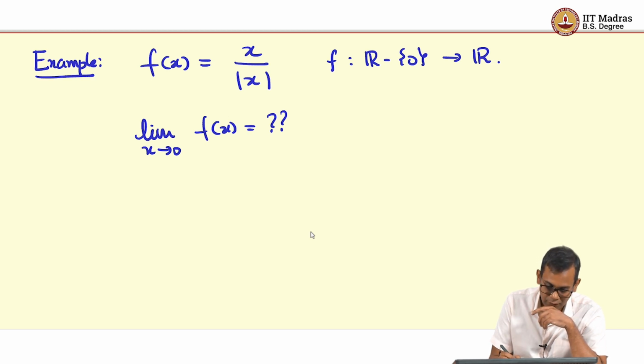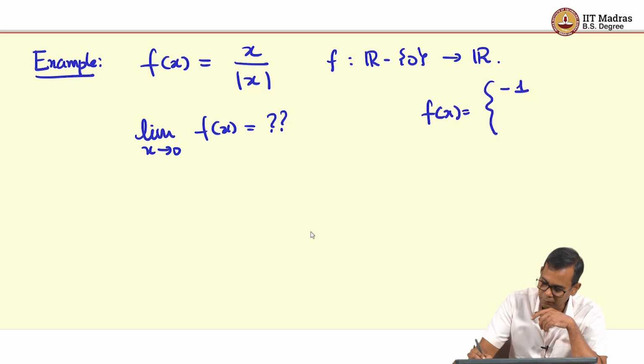If x is equal to minus 1, what is the value of this function? Well, the numerator is minus 1, the denominator is 1, so the value of this function is minus 1. In fact, what you see is that this function has the property that f of x is equal to minus 1 if x is less than 0 and plus 1 if x is greater than 0.